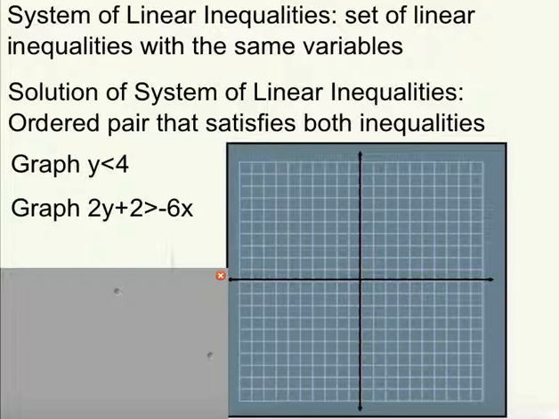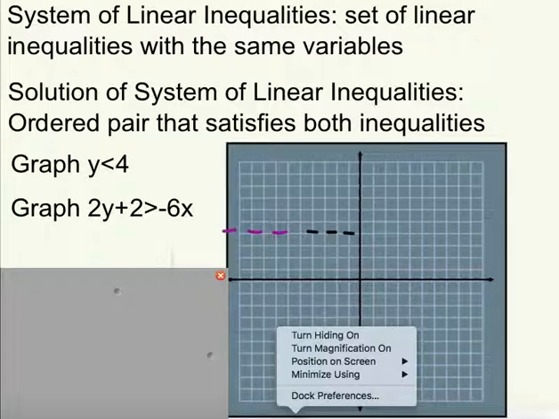All right, we'll just do a couple more of these. y is less than 4. Well, y equals 4 would be a horizontal line at 4. And if I have it less than 4, that means I have a dashed line at this horizontal line of 4.